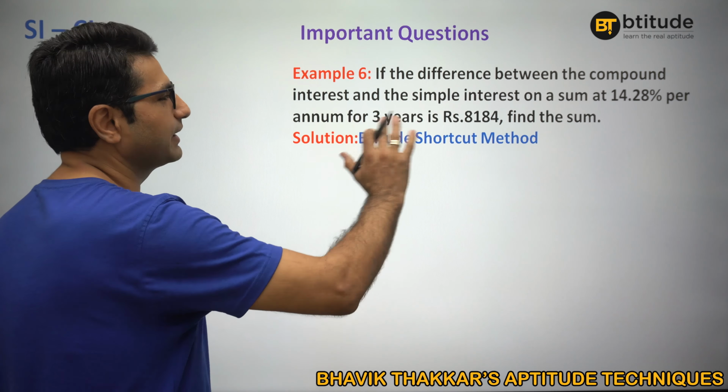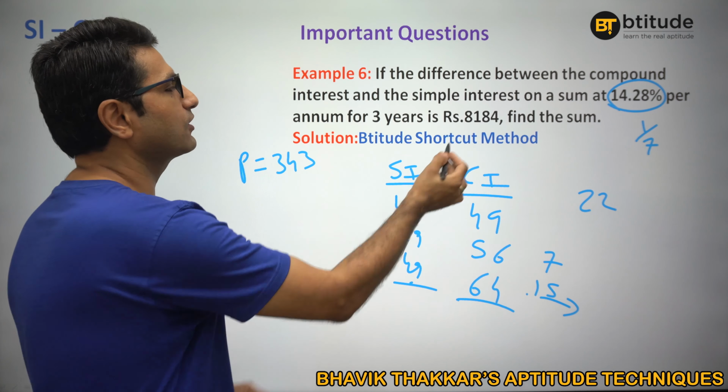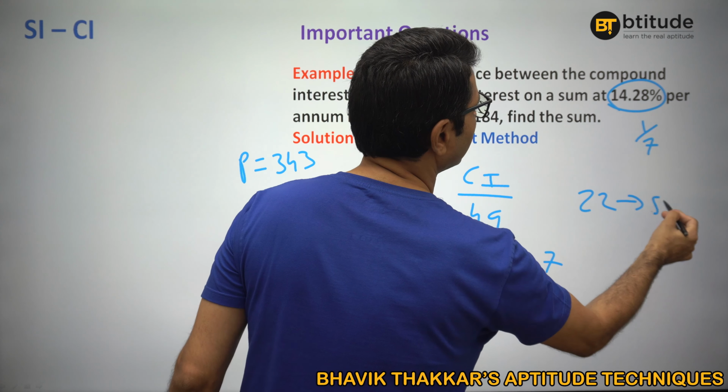So 1/7 of this is 7, it will become 56. 1/7 of 56 is 8, it will become 64. Simple interest on the other end is going to remain the same, that is 49, 49, 49, right? So what is the difference? The difference is nothing here, 7 here, and 15 here. So the difference actually is 22 in my case, right? For the 3 years. The 22 actually stands for 8184.